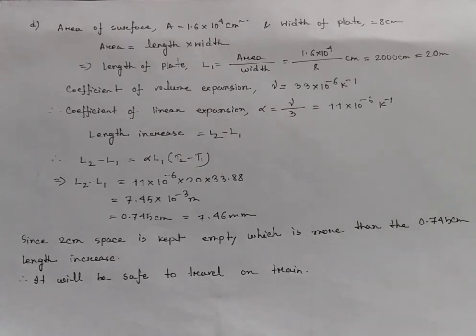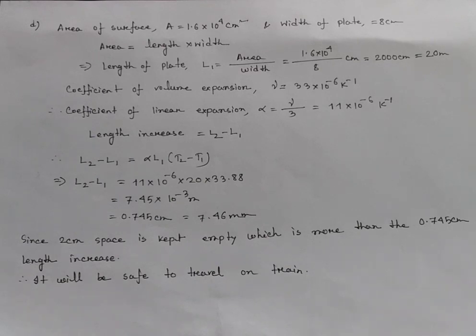So finally, putting all the values in, we get the change in length, and that will be 7.45 × 10^-3 meter. But in our question, the width of the plate is given in centimeter unit.